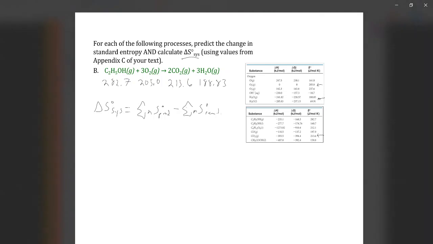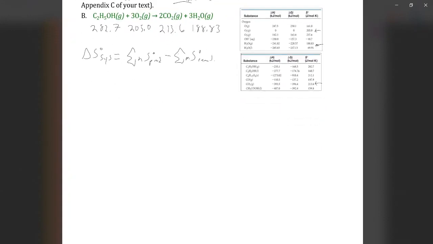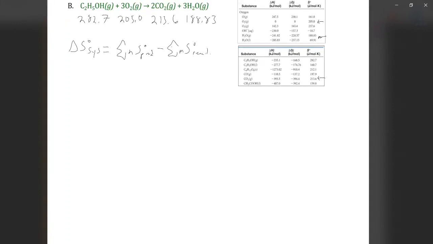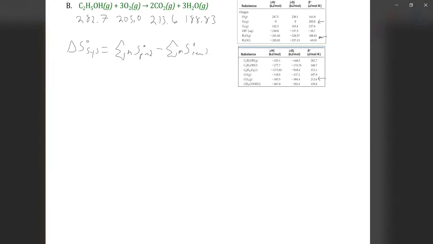Now we just have to fill in our equation here. I'm going to jump a little bit down to the bottom so we have a little more space, but we can see everything we need.